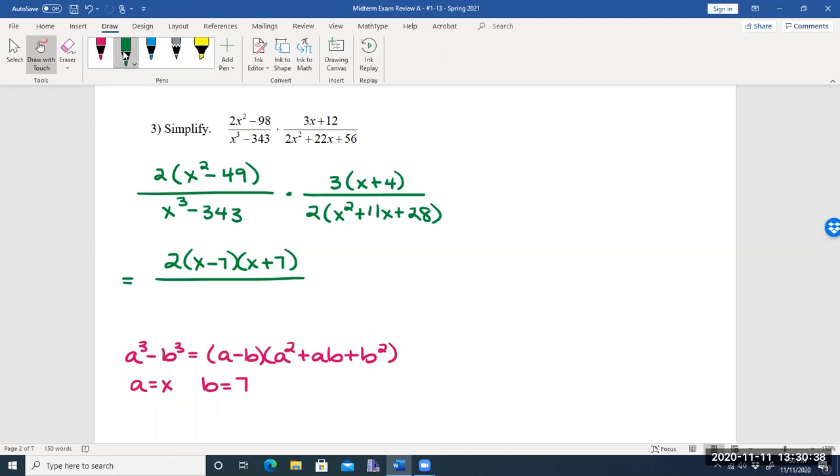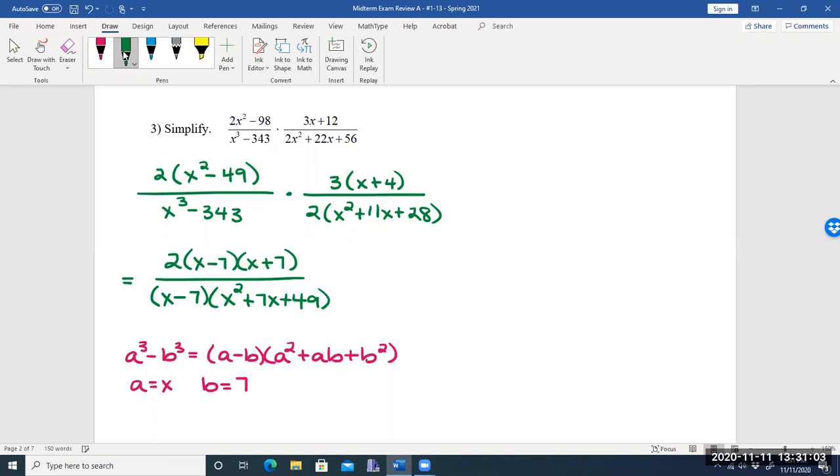Take the cube root of 343. So our b is 7. Our b is not a negative 7. The formula accounts for the fact that we've got a difference, so don't make your b negative 7. It's going to be a positive 7. All right, so it factors as x minus 7 times the quantity x squared plus 7x plus 49.